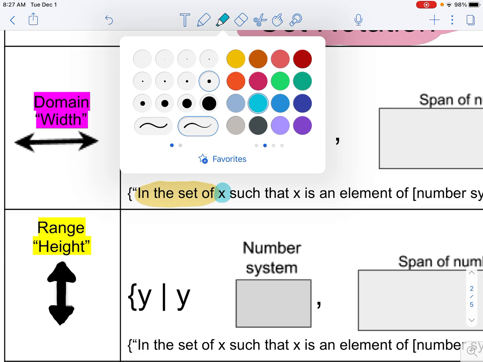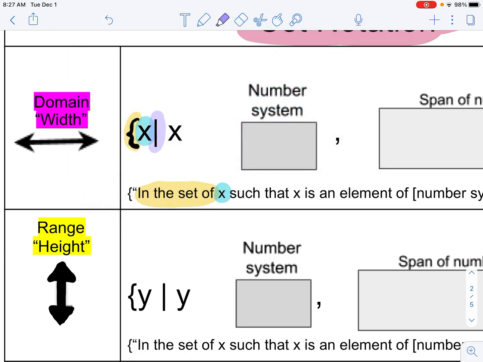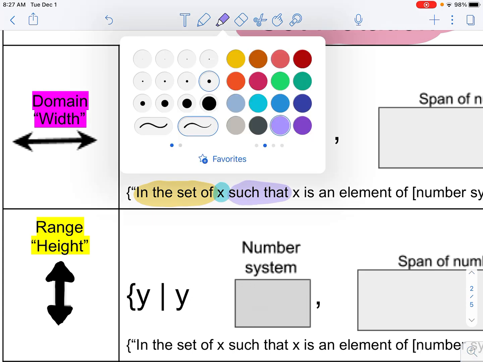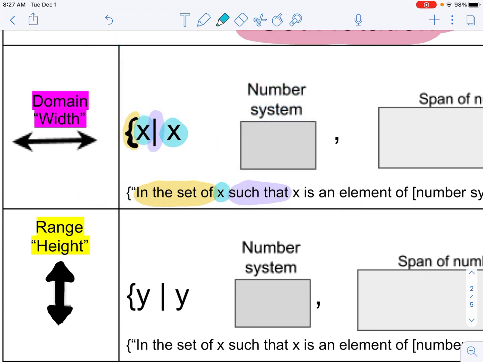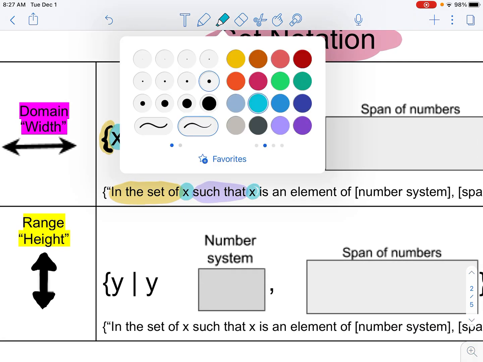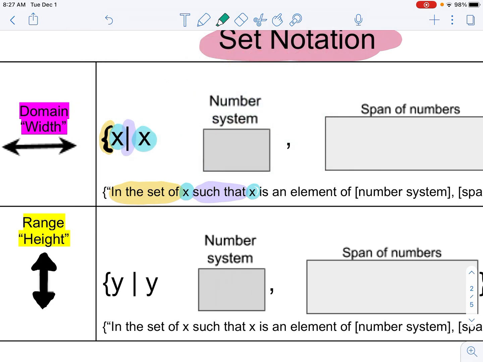This line here means such that, and then we're talking about x again, is an element of. So this is where we're choosing our number system.